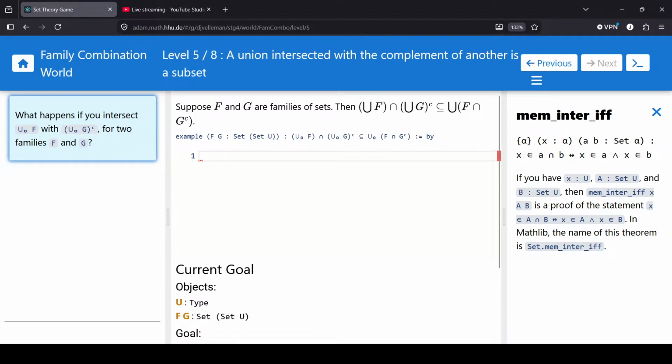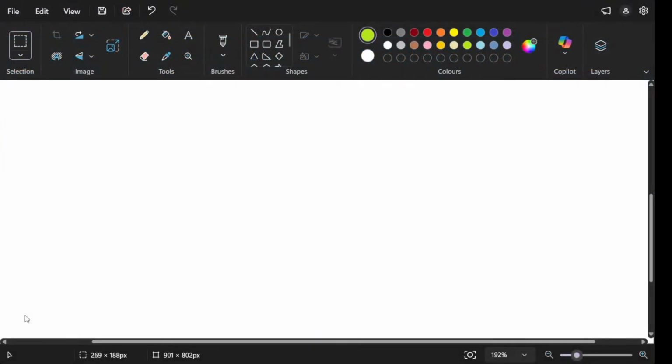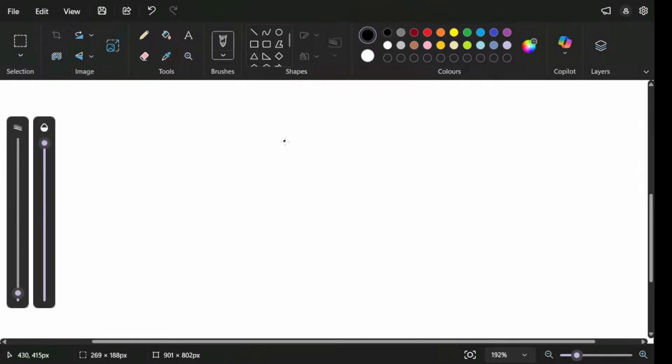Okay. So that's, what is that? Union of F intersected with the complement of the union of G. Okay, so F, and then we have what?